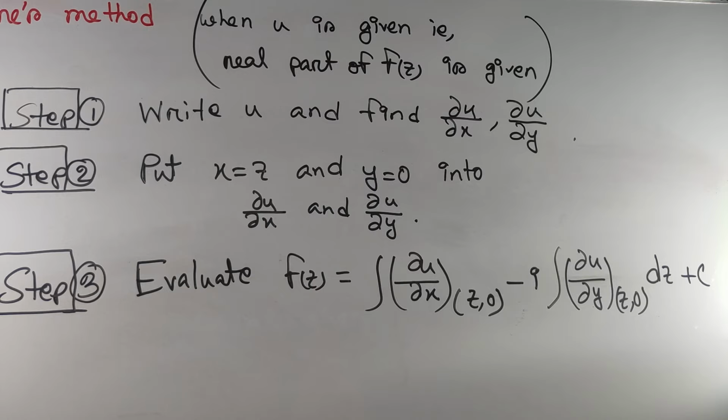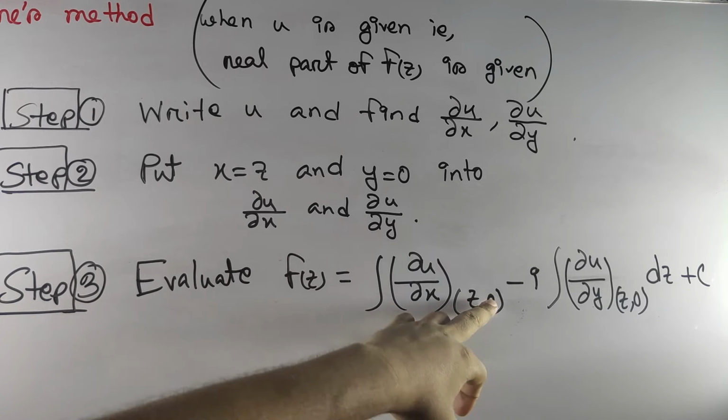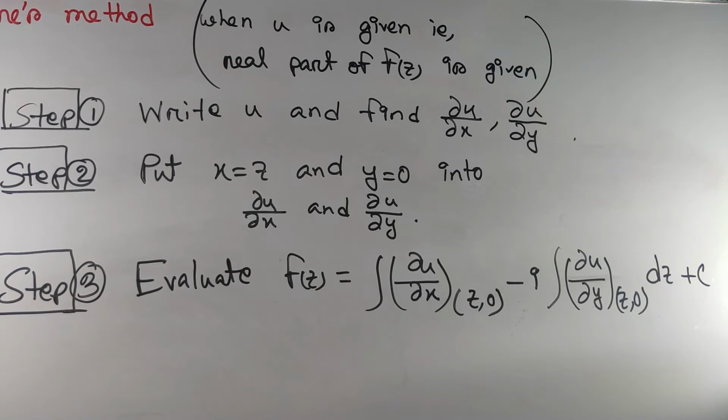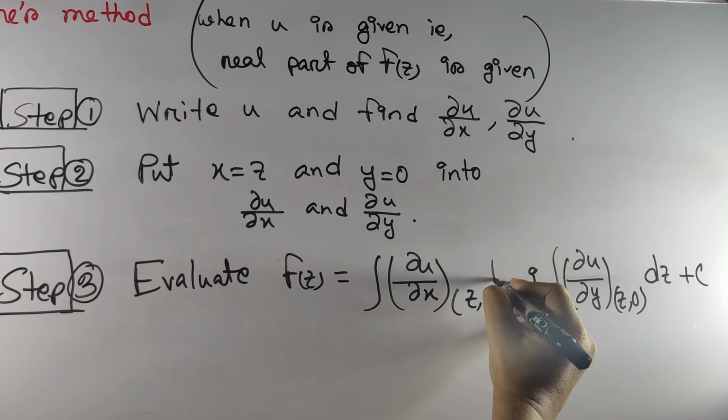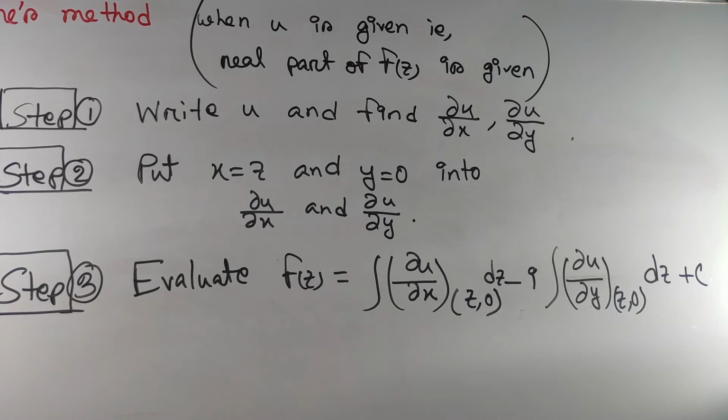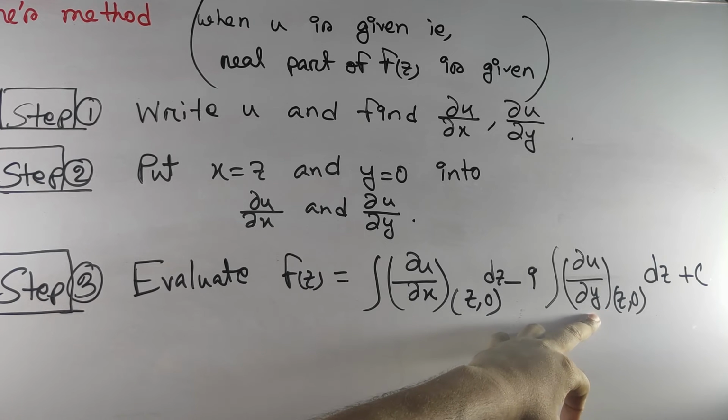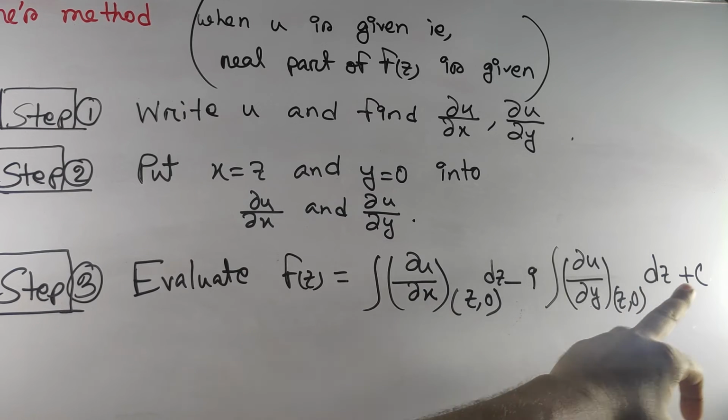Then we will integrate del u del x (z, 0) dz minus i del u del y (z, 0) dz plus c.